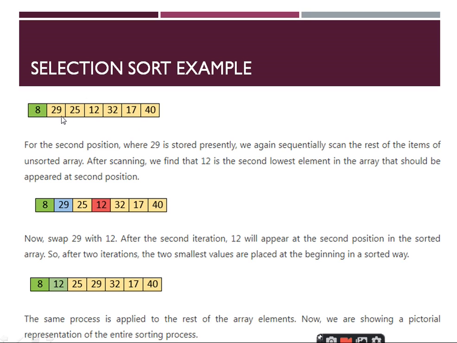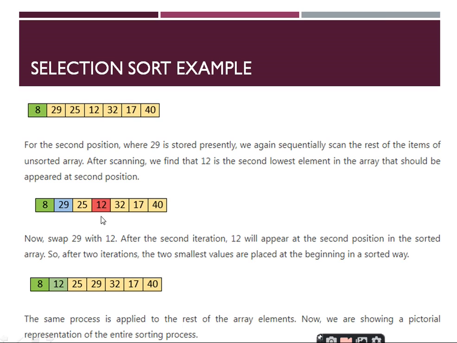While scanning, we keep in mind the second lowest element after 8. In this list, 12 is the second lowest element, and 29 is the first element of the remaining unsorted part, so here we will swap it.